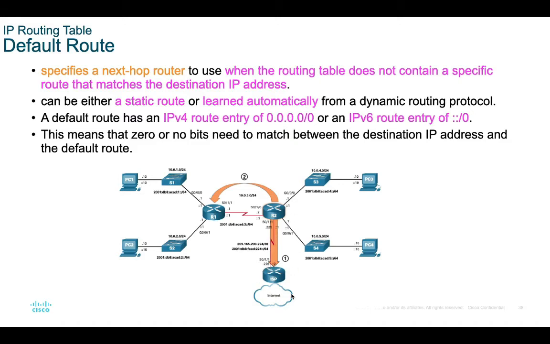That's the point of view of R2. And for R1, in order to reach the internet, they must put their default route to go to R2. They cannot configure through ISP because ISP is not connected to R1, but R1 has a connection to R2.